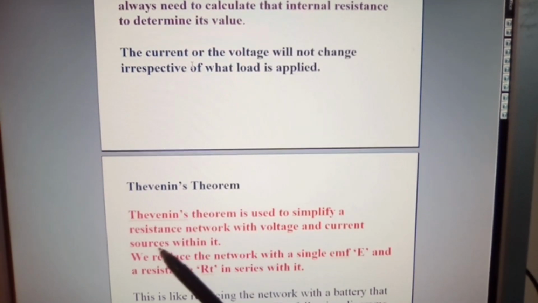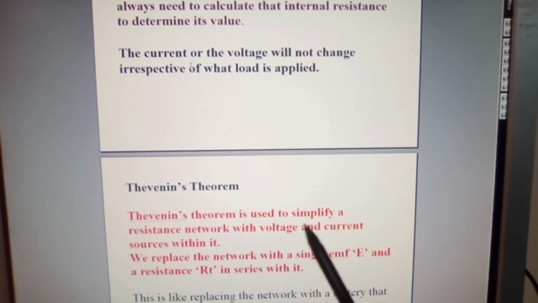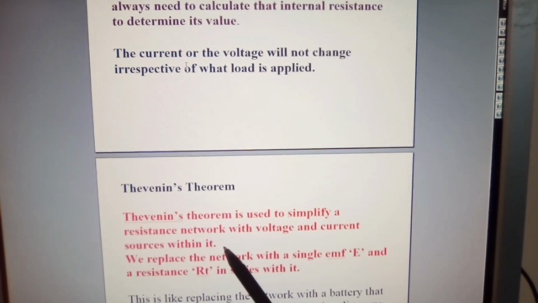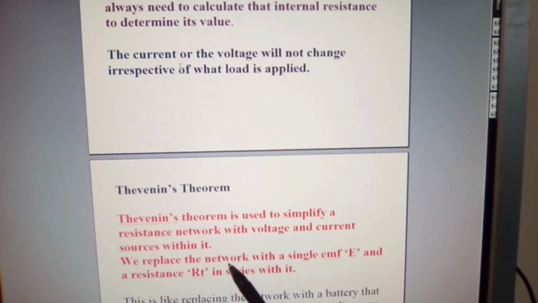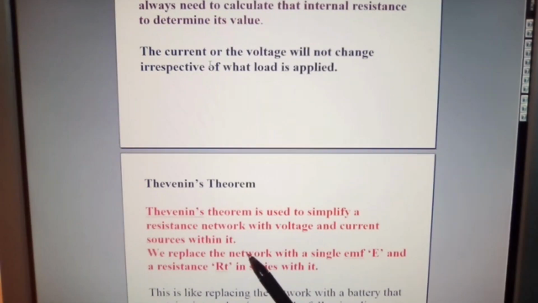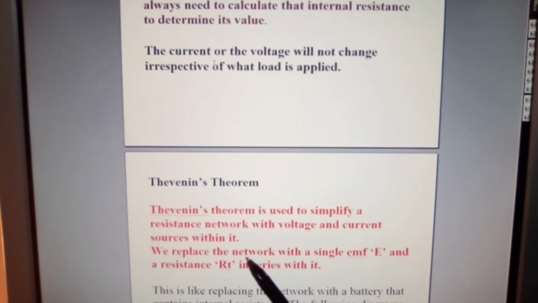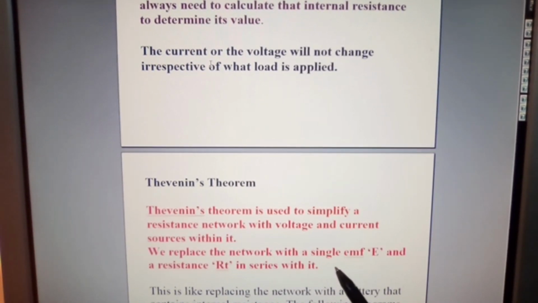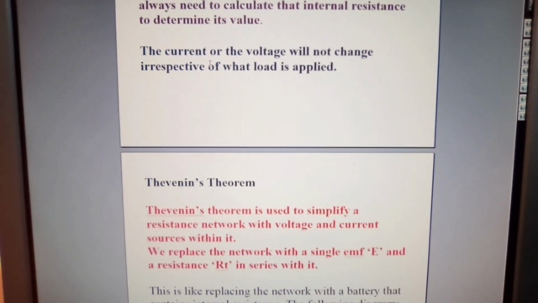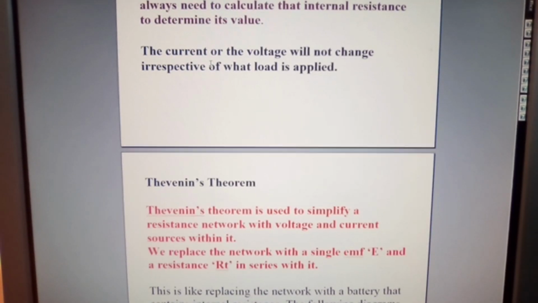Thevenin's theorem is used to simplify a resistance network with voltage and current sources within it. We replace the network with a single EMF E and a resistance RT in series with it.